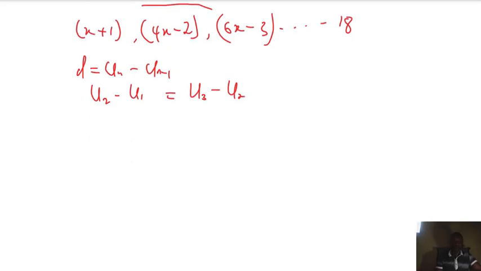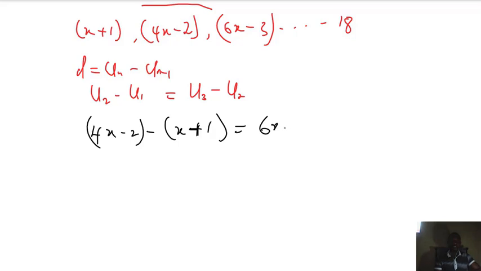So this means that 4x - 2 - (x + 1) is equal to (6x - 3) - (4x - 2).